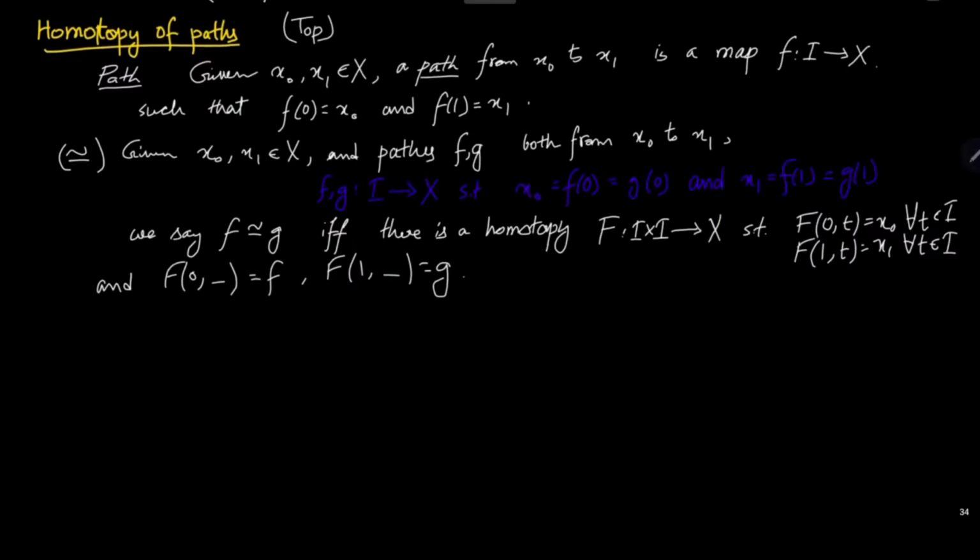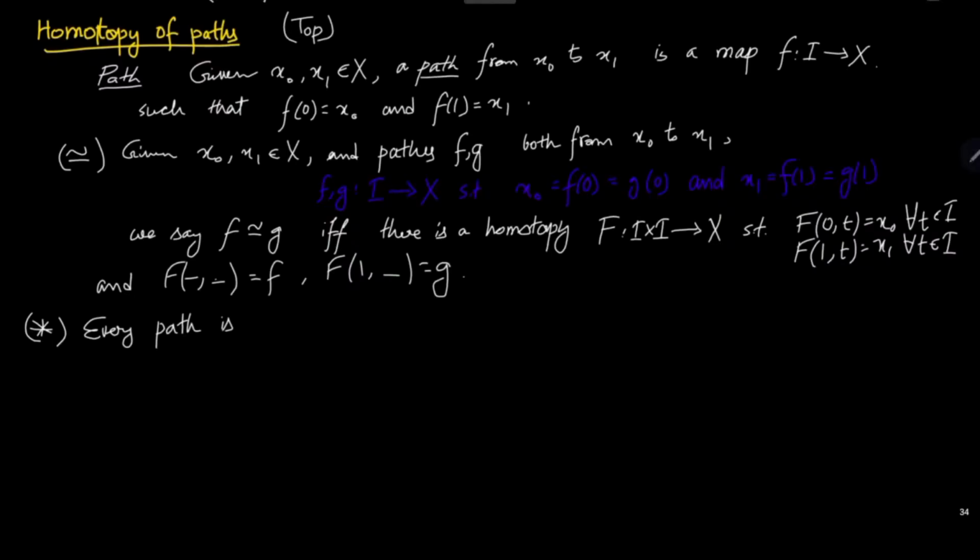So there is that. Why is it an equivalence relation? On the way to being an equivalence relation, every path is homotopic to itself. Actually I made a slight mistake here.